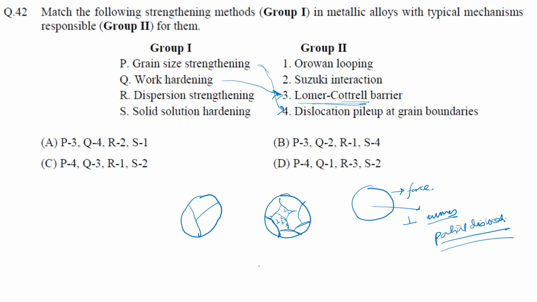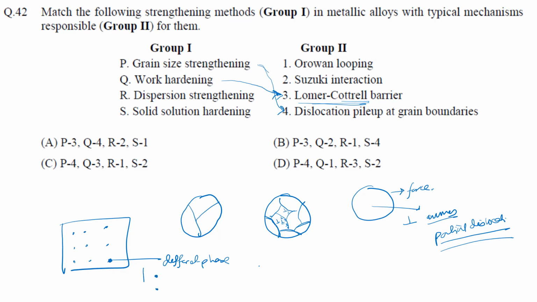Third is dispersion strengthening. Suppose this is the matrix and we have added some dispersion. Dispersions are different phase material, so this acts as a particle.